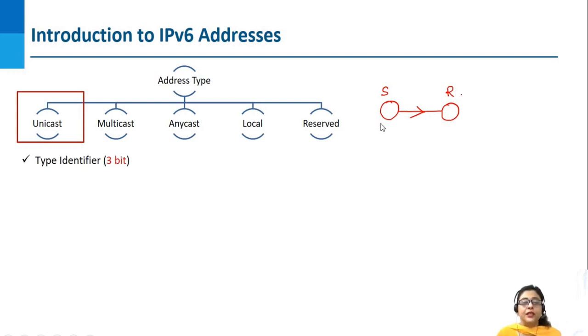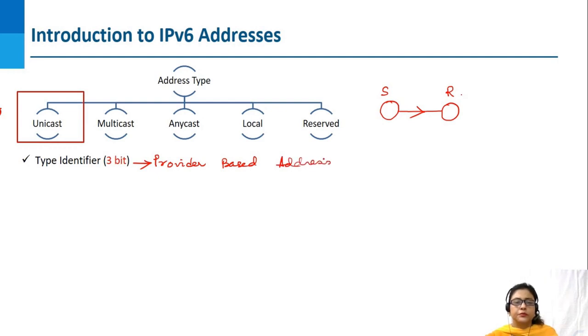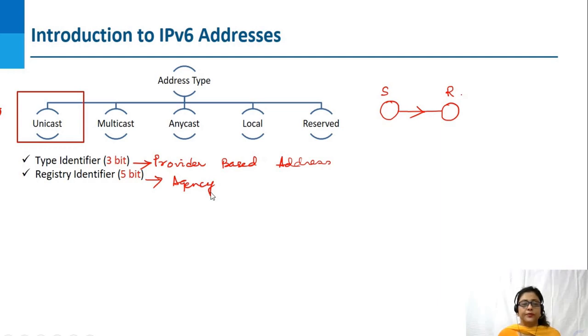This type of address consists of several fields. We start with the type identifier, which consists of 3 bits and defines the provider base address. Next is the registry identifier. It consists of 5 bits and defines the agency that has registered.